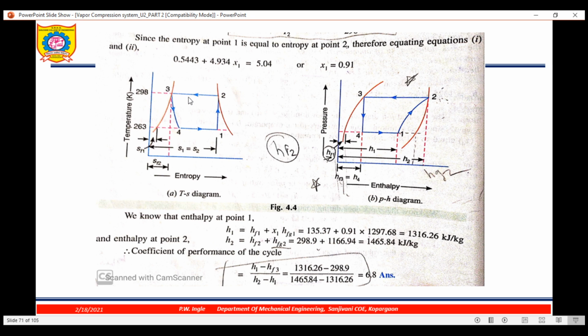That's why 2 to 3 process is shown horizontal. And last process is isenthalpic process, which happens in an expansion device. So it is shown by 3 to 4, and on TS diagram it is somewhat curved. So this is the representation of vapor compression refrigeration cycle on TS diagram and pH chart.